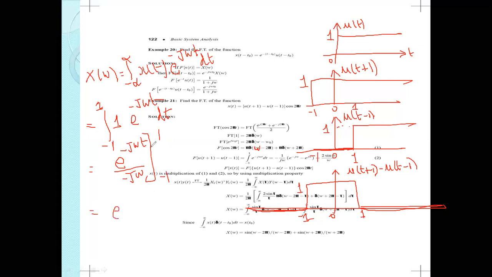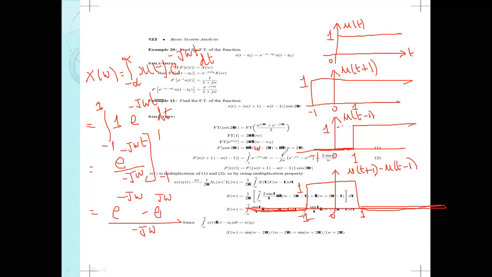Now I am substituting the upper limit, t value is 1, it becomes e power minus j omega, minus e power, minus already there, now substituting t as minus 1, it becomes plus j omega, divided by minus j omega.